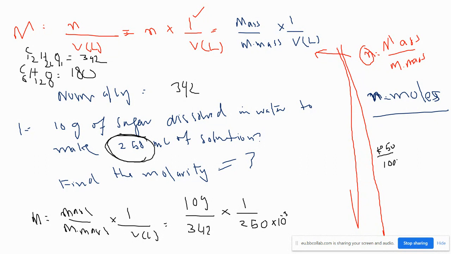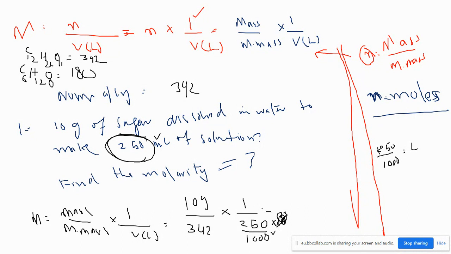You divide by 1000. If my volume is in milliliter, I will divide by 1000 to make it liters.